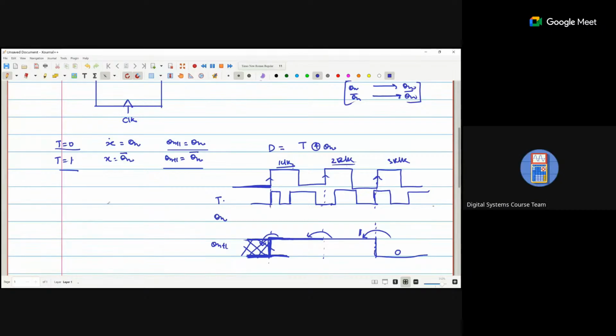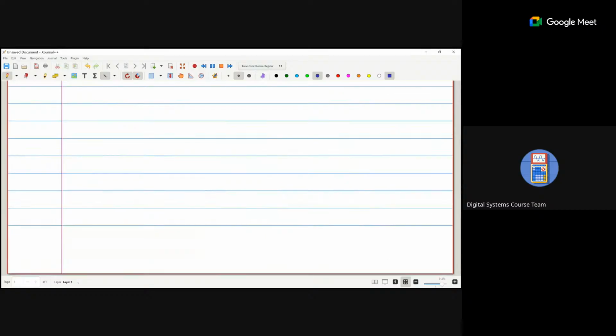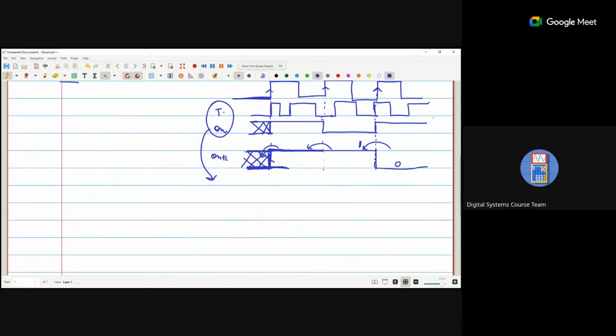And if I draw here, that is my circuit. In that scenario, with respect to Qn, if I plot it, what we assume is that here it is don't care because we don't know the output.